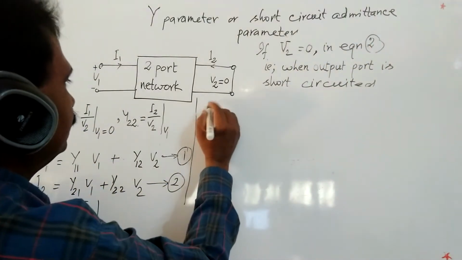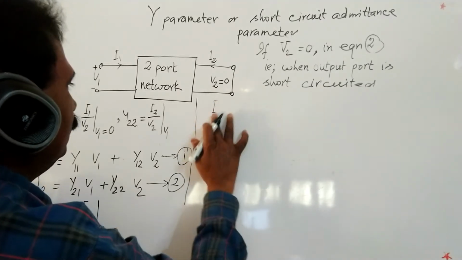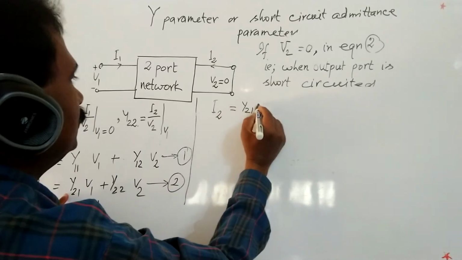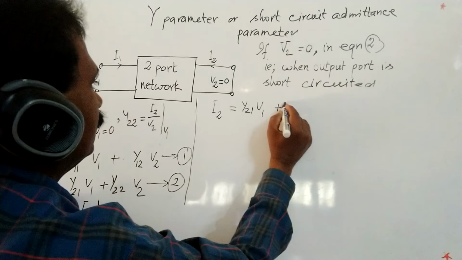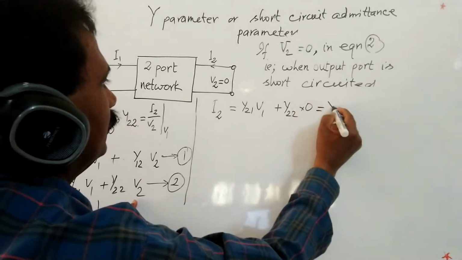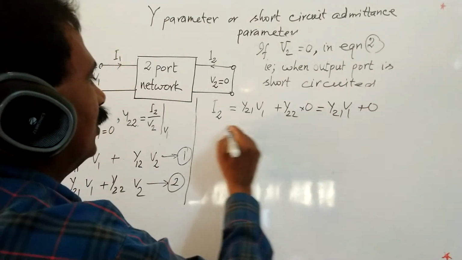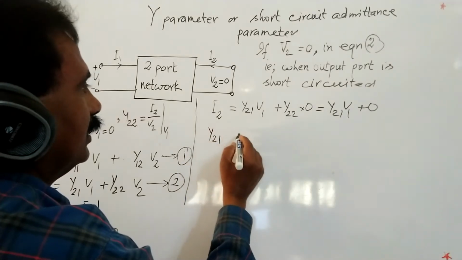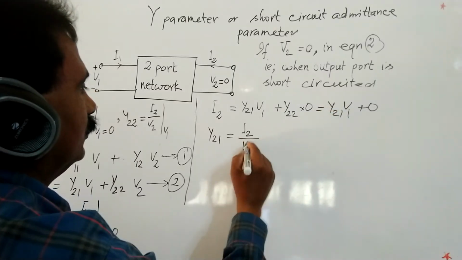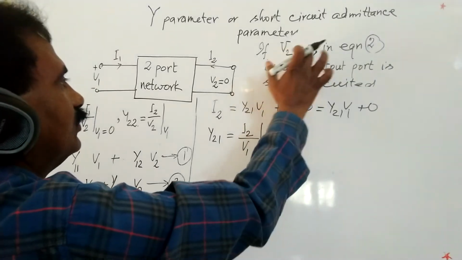Now this equation becomes I2 equals y21 into V1 plus y22 into V2, that is 0. It means y21 V1 plus 0. Now we get y21 equal to I2 by V1, when V2 was 0.